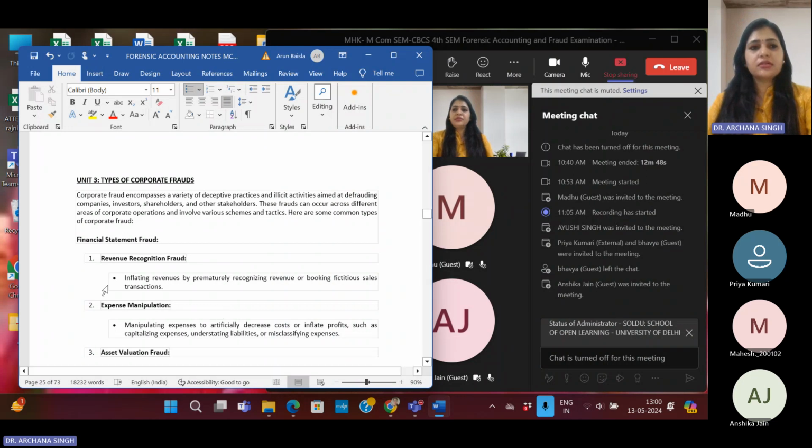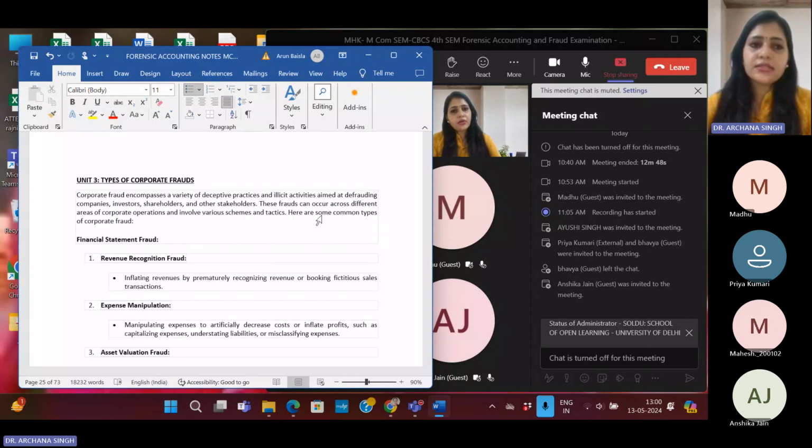First, corporate fraud encompasses a variety of deceptive practices and illicit activities aimed at defrauding companies, investors, shareholders, and other stakeholders. And these frauds can occur across different areas of corporate operations, and they involve various schemes and tactics.